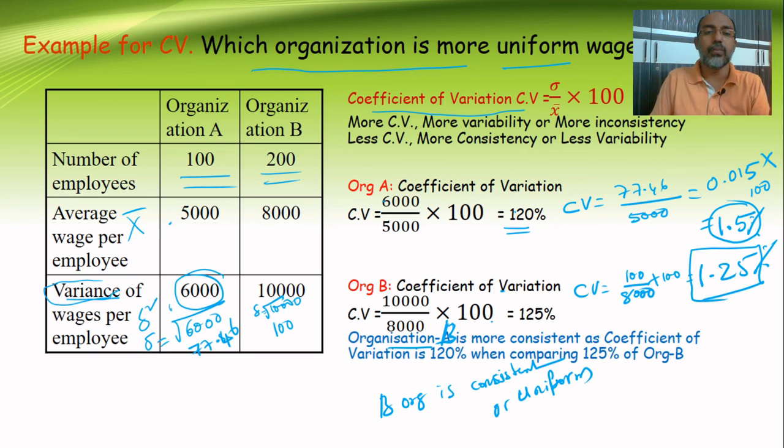Organization B is having more uniformity in the wages, and organization A is not having that much uniformity. There is a fluctuation, a variation. For the variation purpose, organization A is chosen. For the consistency or uniformity, organization B has been declared.